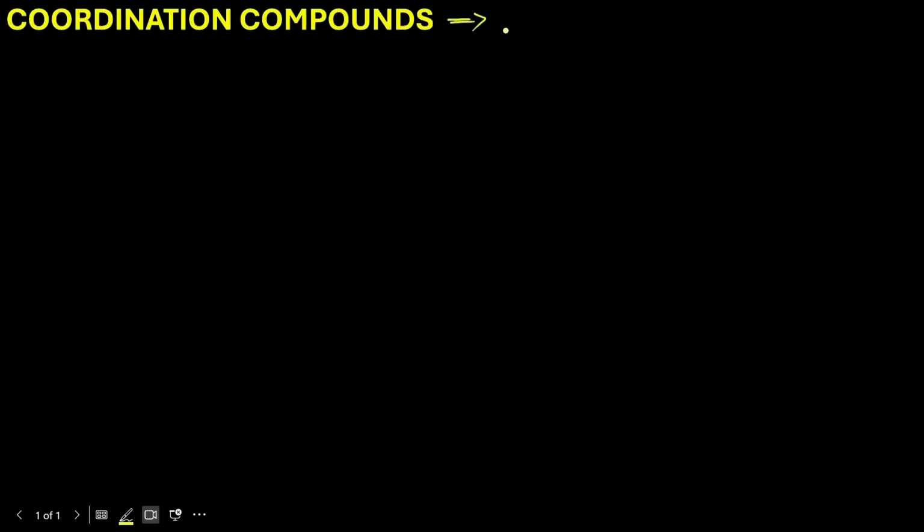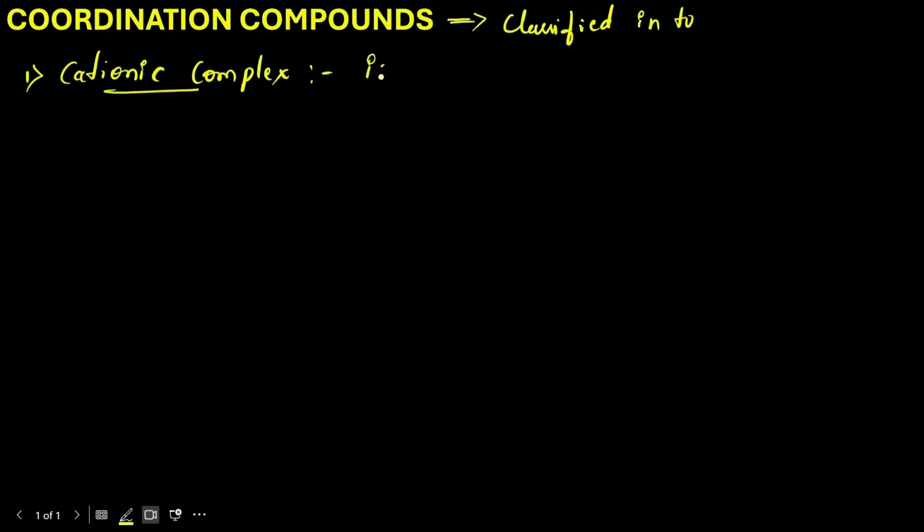These coordination compounds are classified into three types. The first one is cationic complex. These are the complexes which ionize in solution to give a positive complex ion.